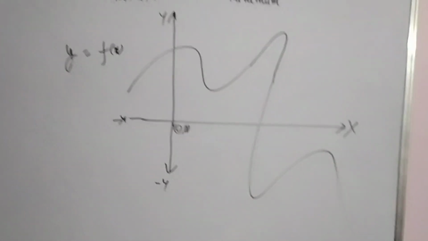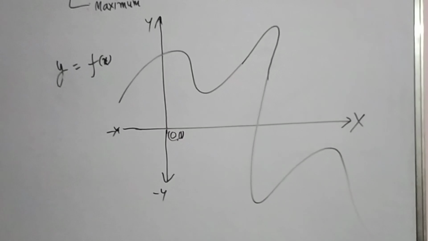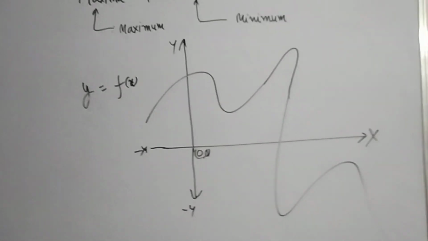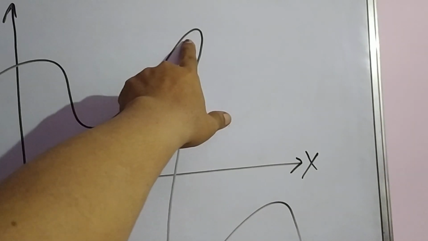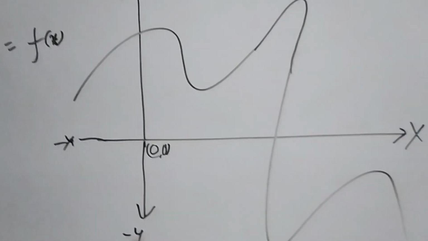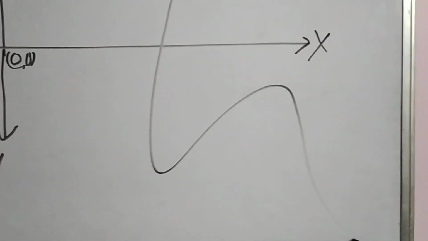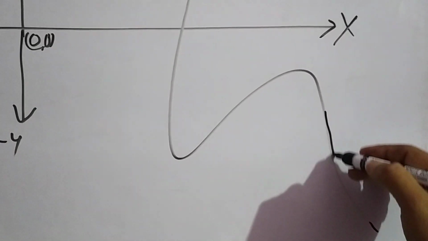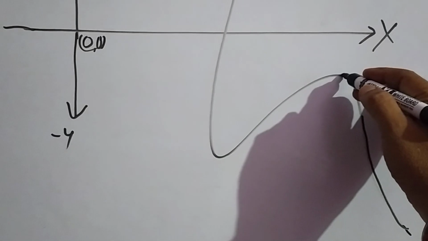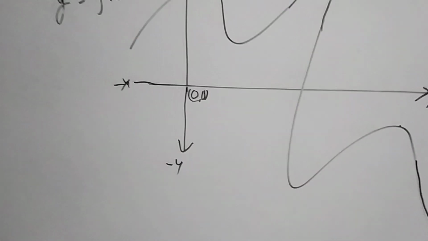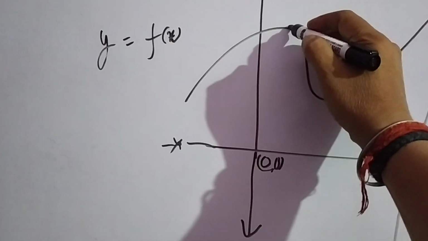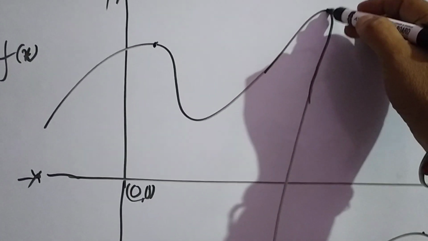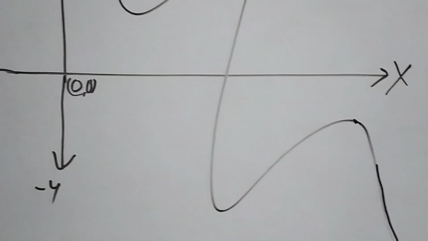Now, if we discuss about maximum, anybody can say that this is the maximum height and here is where it ends. This is the minimum height of peak. If we talk about peaks, this is a peak, this is a peak, this is a peak.